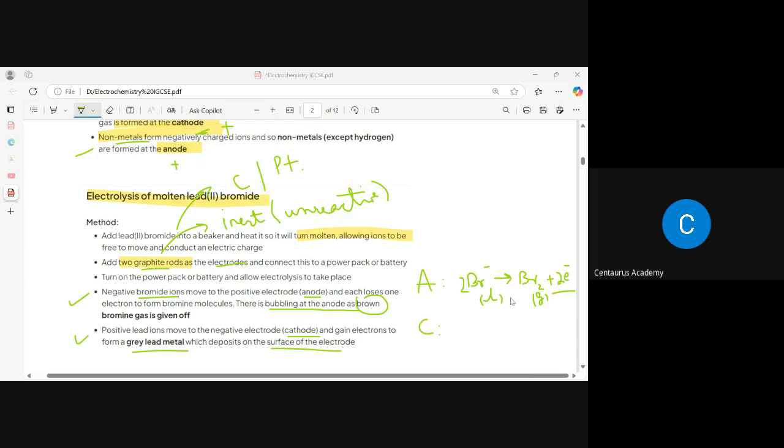Yes, you can also write in the chat box. What will be the ionic half equation for the reaction at the cathode?